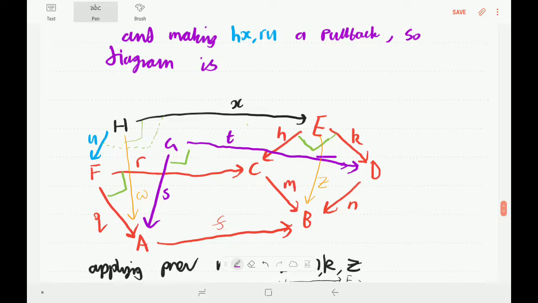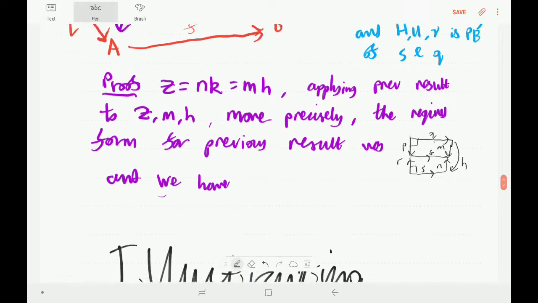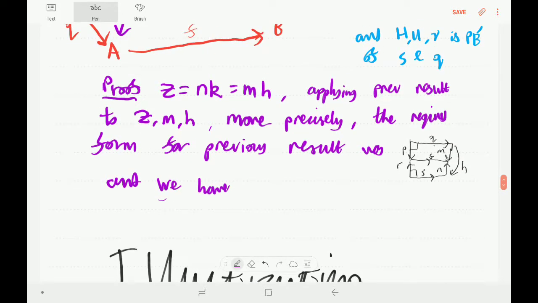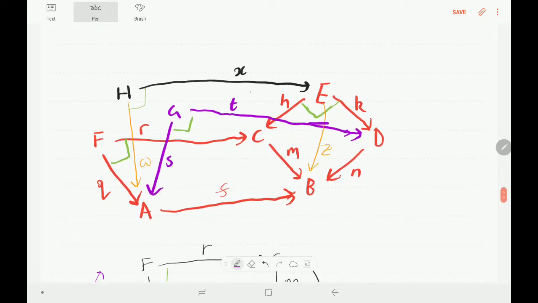We know we have a commuting triangle, ZMH.